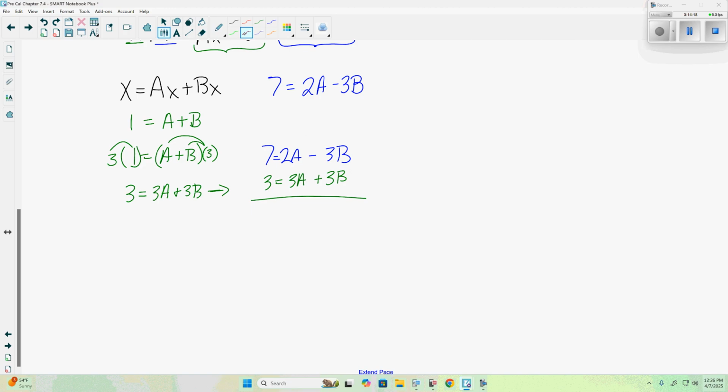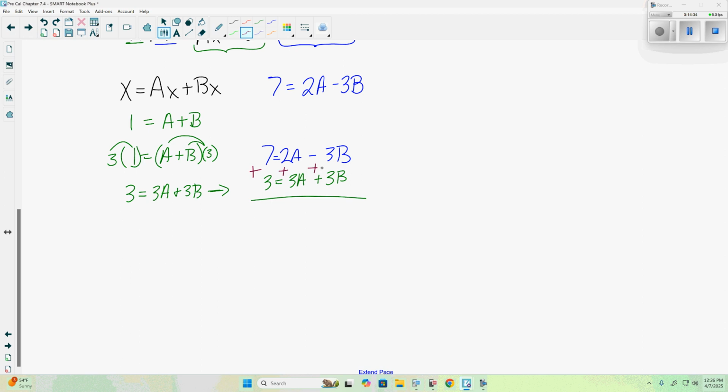Now the only difference between multiplying by 3 and negative 3 is the operation we do to cancel them out. Because if we did negative 3, we'd have negative 3b and negative 3b, which we would need to subtract.